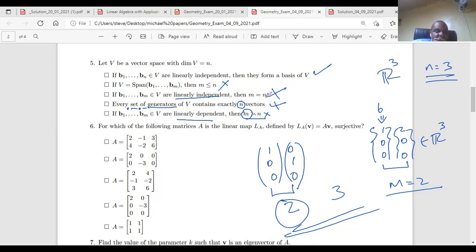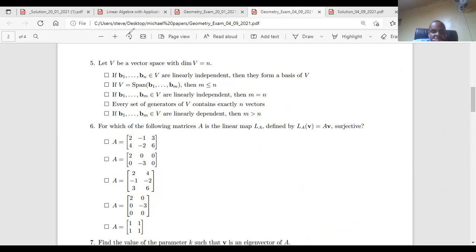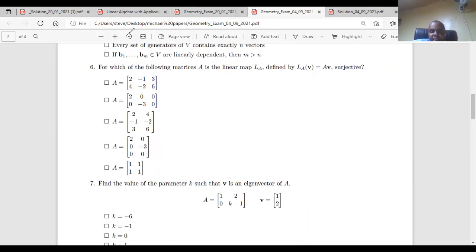Okay. Number 6. For which of the following matrices A is the linear map LA, defined by LA(v) equal to Av, surjective? They are not telling us where A is coming from, but we can work it out.